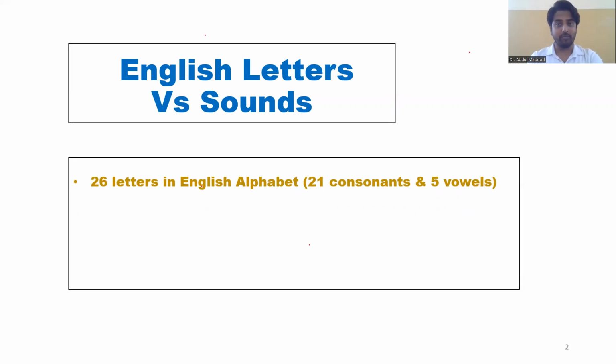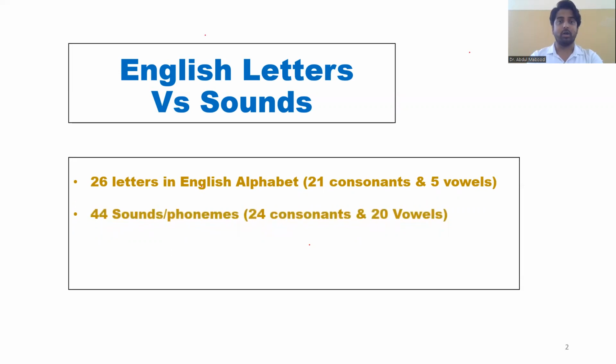But if you have seen my earlier video, in that video I have discussed that there are actually 44 sounds out of those 26 letters. I will put the link of that earlier video here at the top. You will get the link. So those 44 sounds can be divided into consonants and vowels. And in English, we have 24 consonant sounds and 20 vowel sounds.